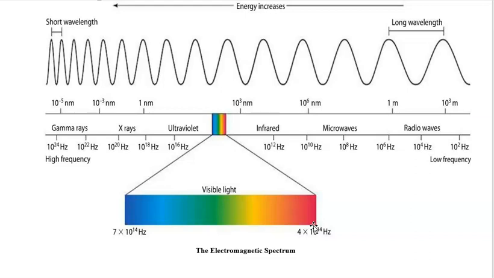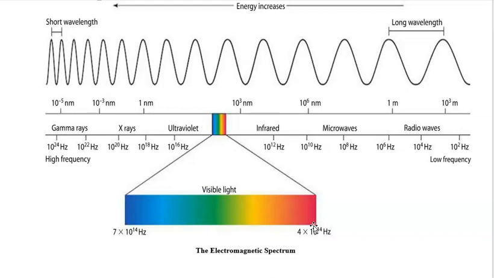So here's the question: which has more energy, a really bright red light or dim blue light? And you would think it's got to be the bright red light. It's brighter, that's more energy, but that's not true. It's the dim blue light, because blue has a higher frequency than red, and therefore it has higher energy.